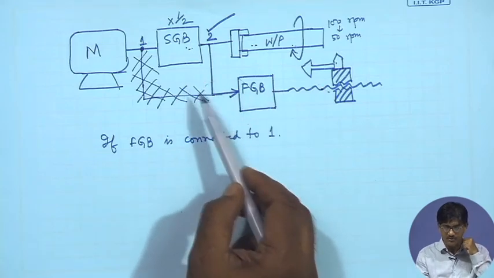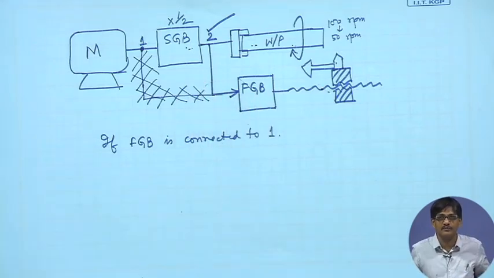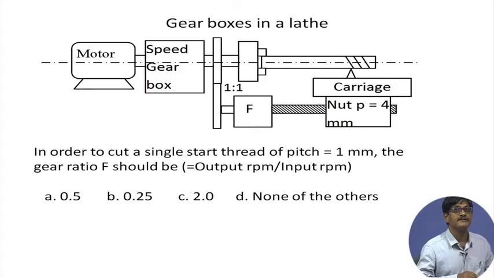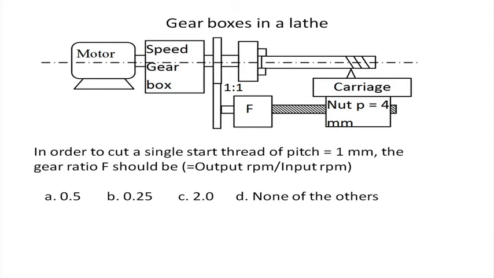Having understood the reason for putting a gearbox at a particular location, we now go for the calculations. Coming back to this figure, let us have a look at it. In order to cut a single start thread of pitch 1 millimeter, by the time this spindle rotates once, the carriage should be moving by 1 millimeter.